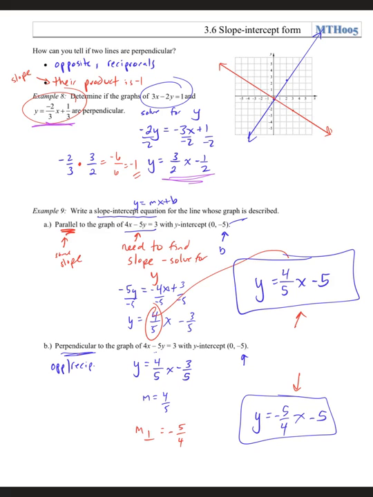So we type that in y1 and then graph. And then if you hit the trace button, you can type the x value of 0 and then hit enter, and you should see the y value become negative 5. And then you do the same thing with the bottom one.